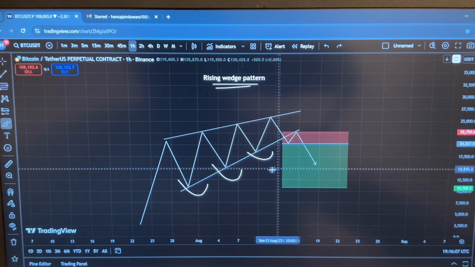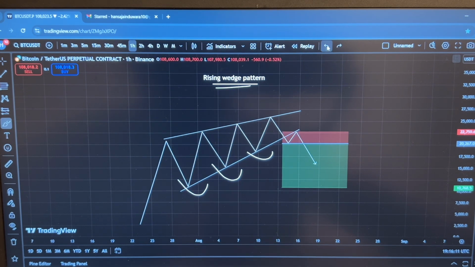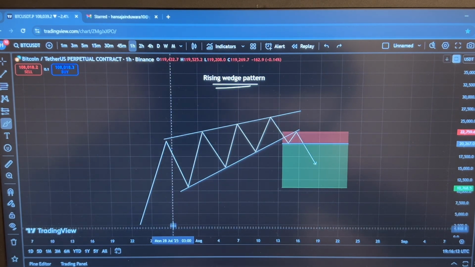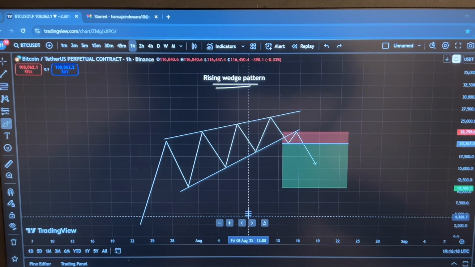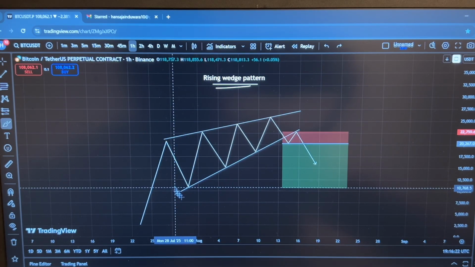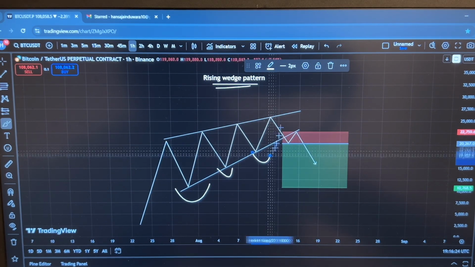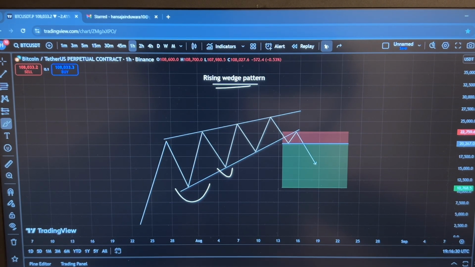We are going for a short trade, and these levels are extremely crucial for our TPs. So in this example of a rising wedge, in this chart, there are 3 lows, 1, 2, and 3. So that means we are going to use those 3 levels as our TPs.